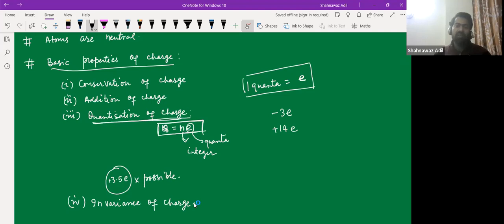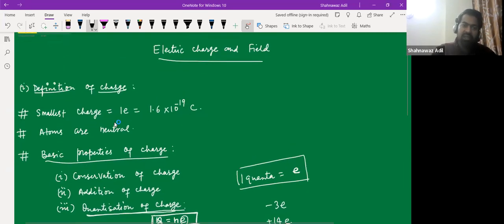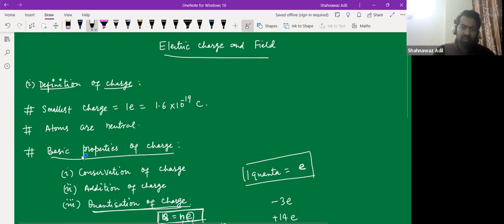Whatever frame you choose, so let's say the charge of something is plus 3e, and some other person is moving with some velocity, it is the same. Charge is a scalar quantity. That is a feature of the charge, not a basic property, so we can write it here: charge is a scalar quantity.